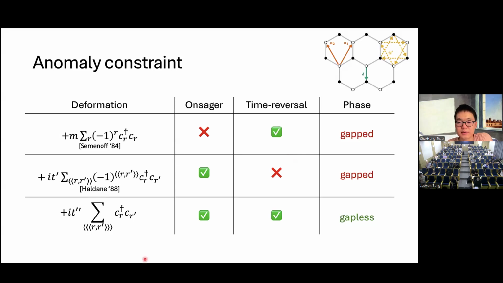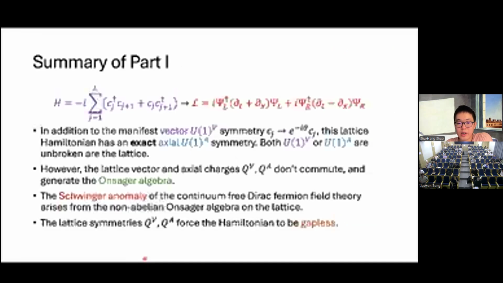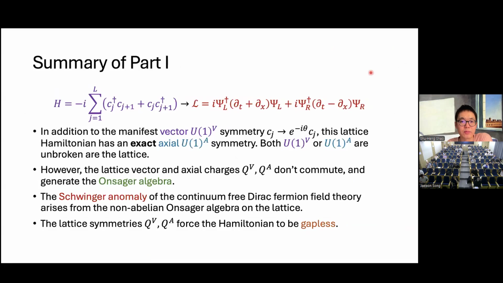Okay, so let me quickly summarize part 1 and part 2, and I'll make some concluding remarks for 3 plus 1D. So in part 1 of the talk, this is the lattice Hamiltonian we start with. This is in 1 plus 1D. The continuum theory is a free Dirac fermion with a left mover and a right mover.